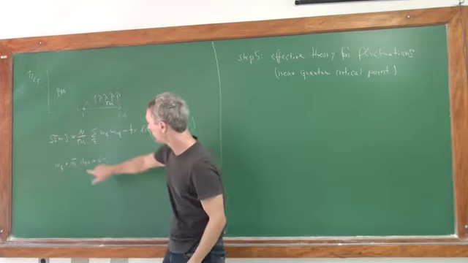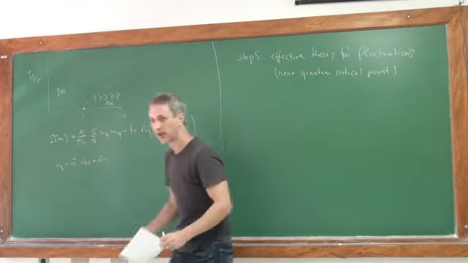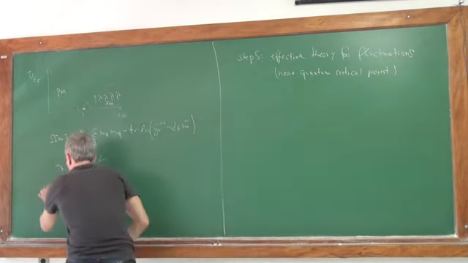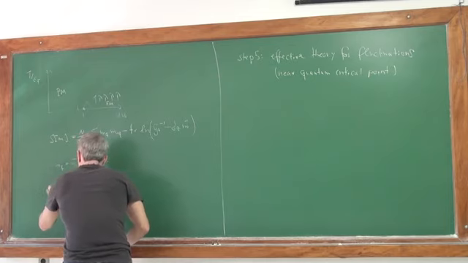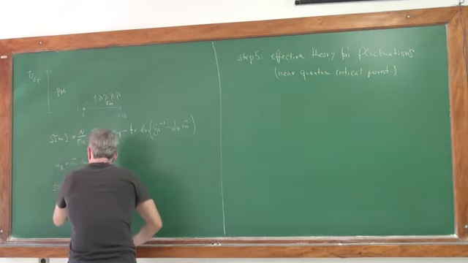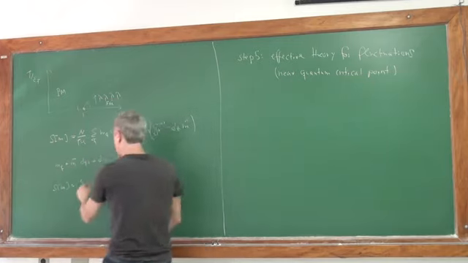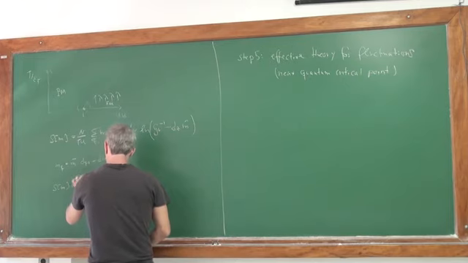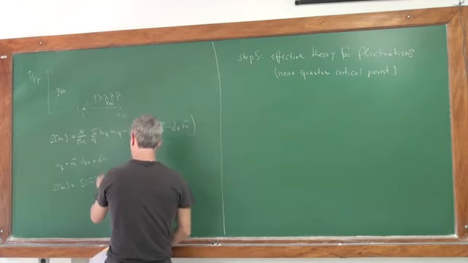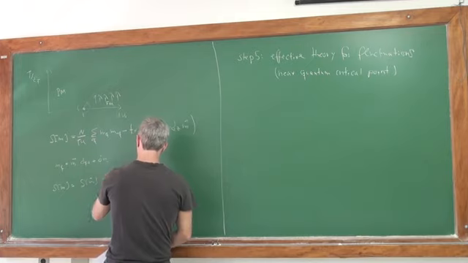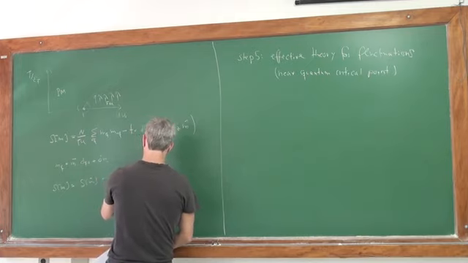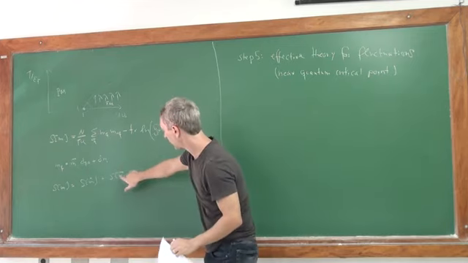So we insert this ansatz into the action, and we get first the mean field action, and then the fluctuating part.